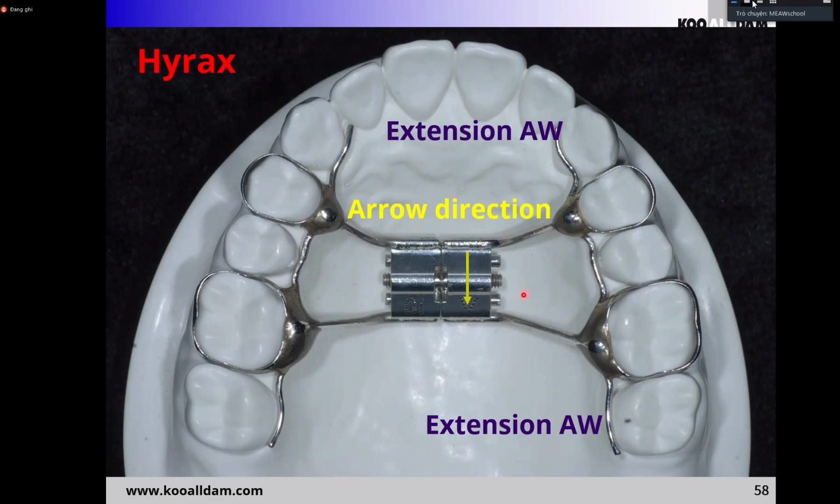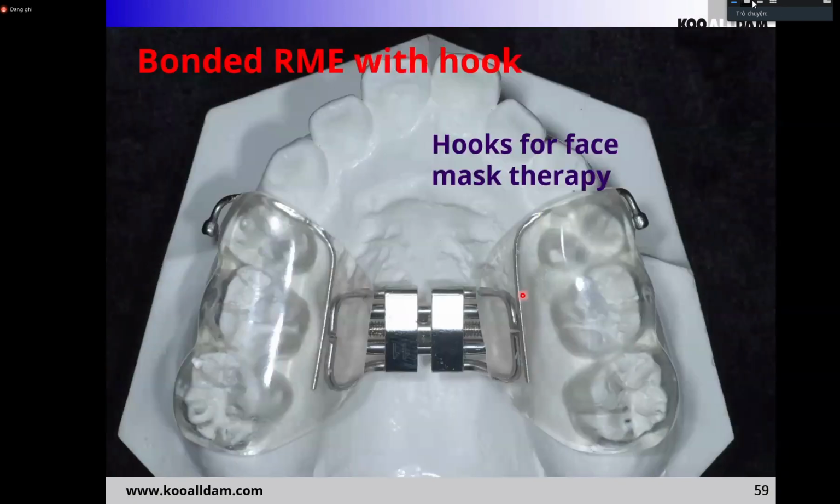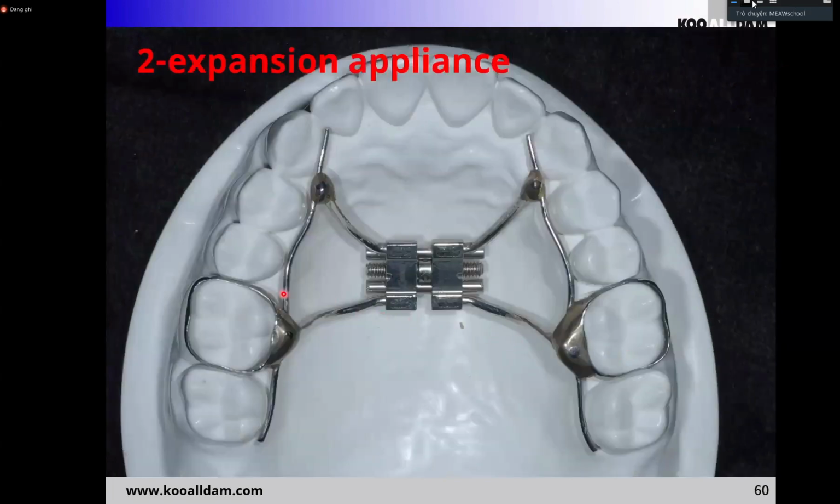We all know this. This is banded RME with hook. This is posterior bite block in the posterior part. These are two expansion pliers. There is no bend on tooth number 4, only tooth number 6 is bent, in the Hyrax type.